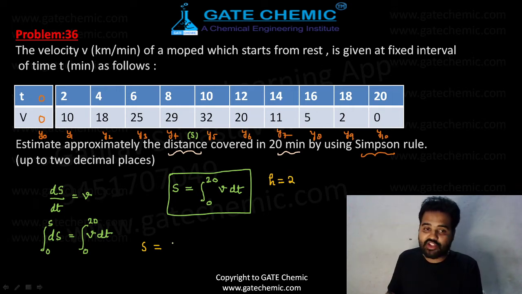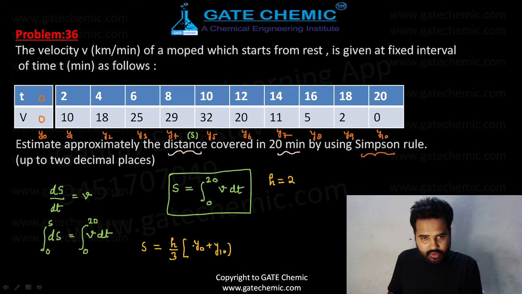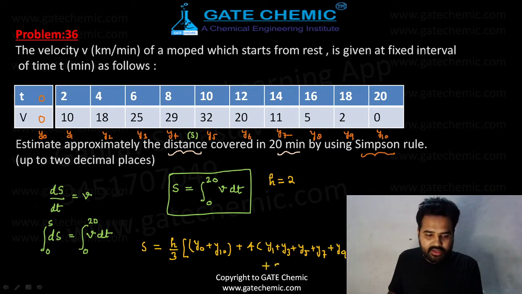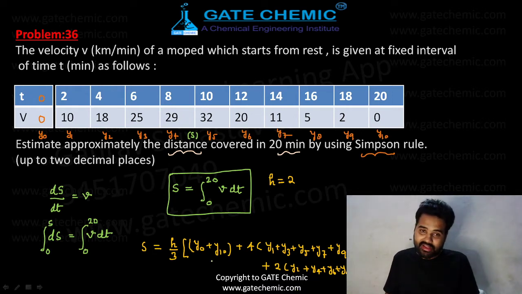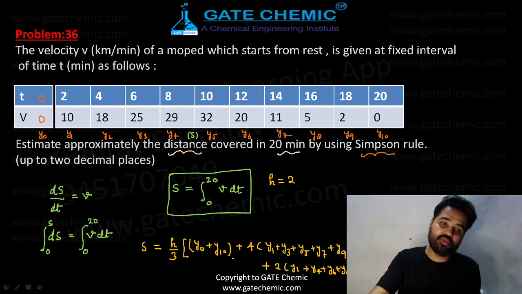So the formula is h by 3 times first term plus last term, plus 4 times the odd terms, that means y1, y3, y5, y7, y9, plus 2 times the even terms, that means y2, y4, y6, y8. No need to take y10 again, as y10 is already in the first and last terms. Now just put in the data and you will get your answer.